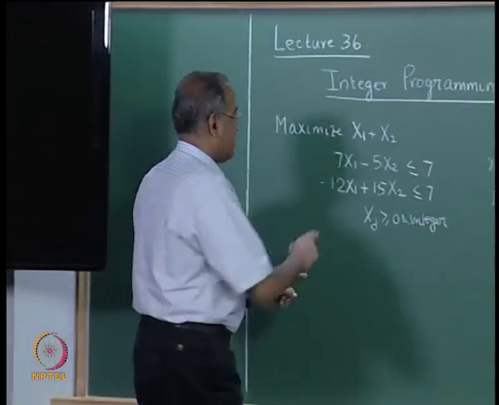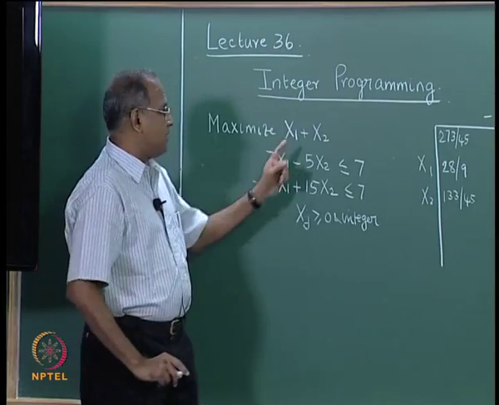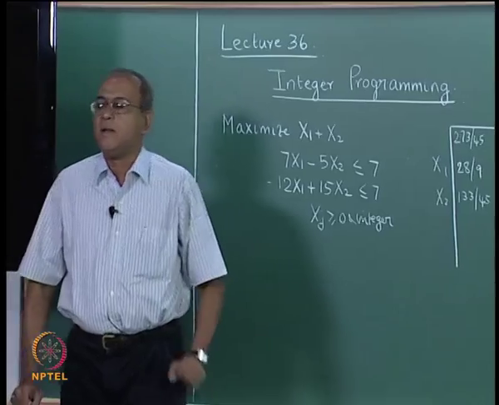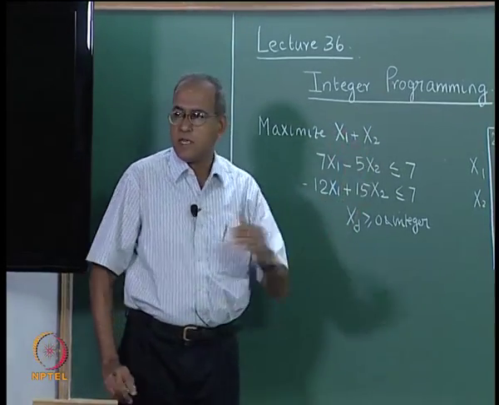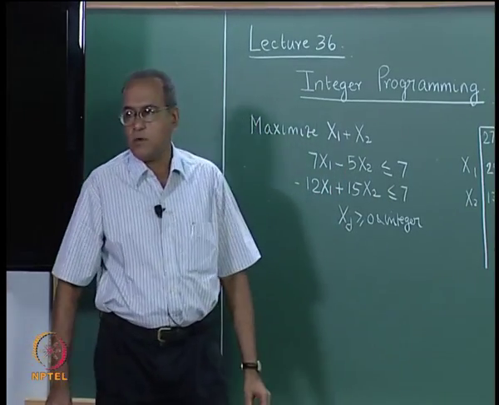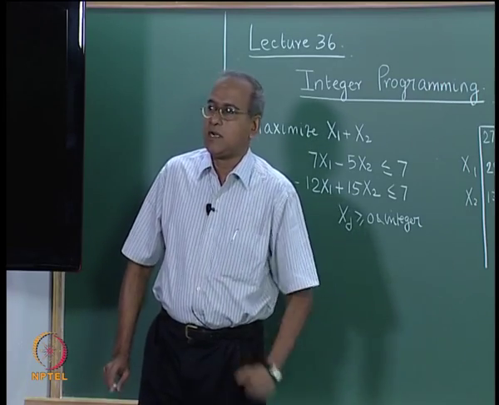So such problems can be solved comfortably using an all integer primal algorithm. Irrespective of the objective function, whether it is maximization or minimization, irrespective of the type of constraint, the Gomory cutting plane algorithm can be applied. So we had used this example to explain both the Gomory cut as well as the all integer primal cut.